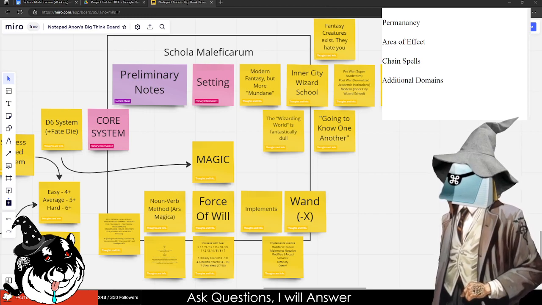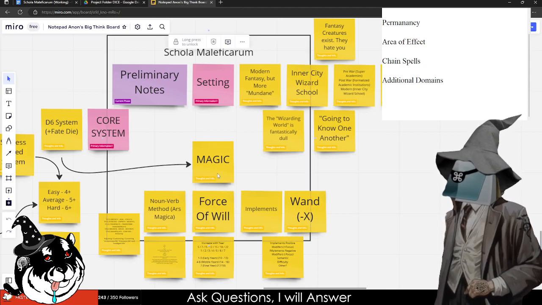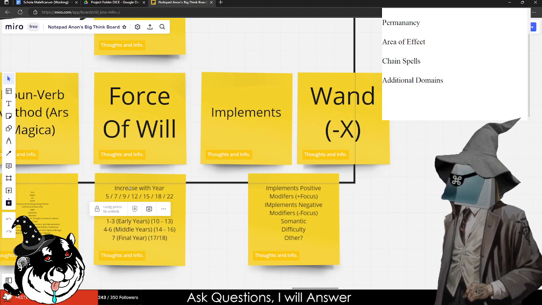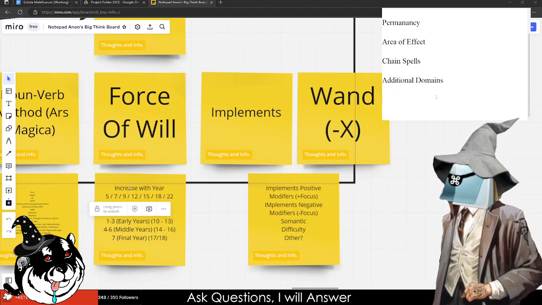What am I thinking of? Actually, semantic components.